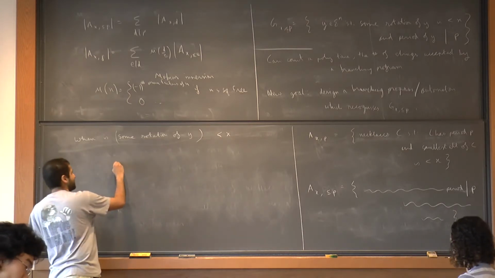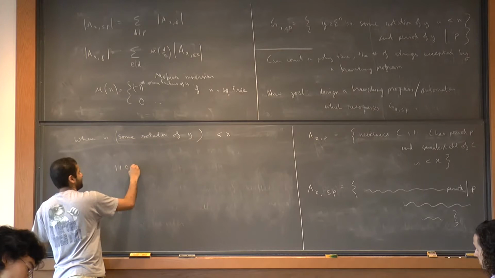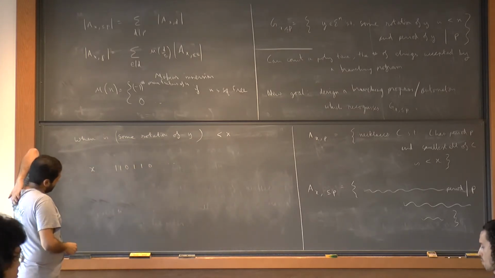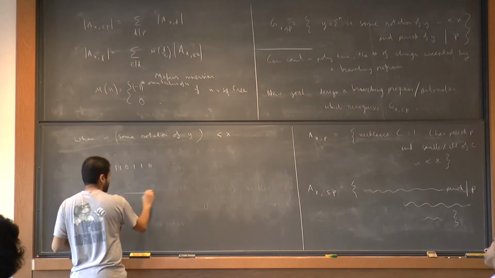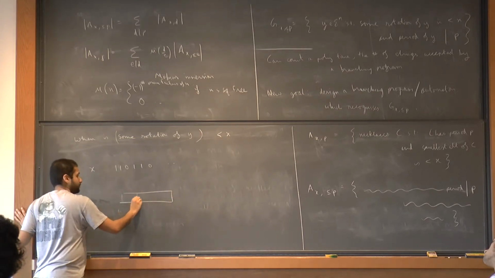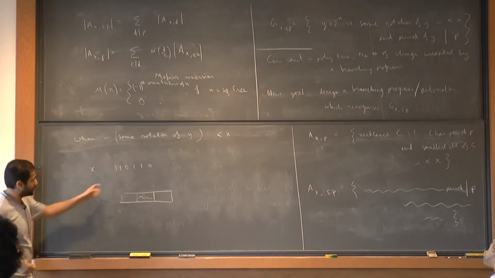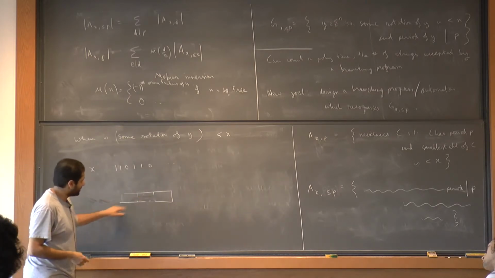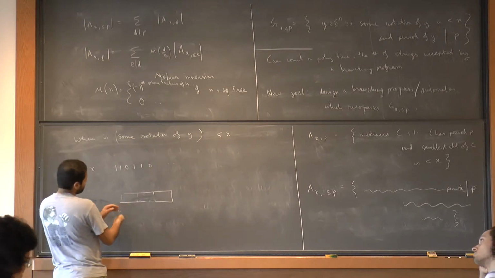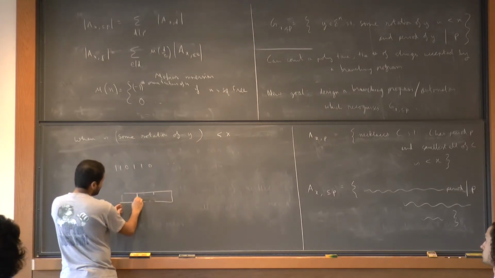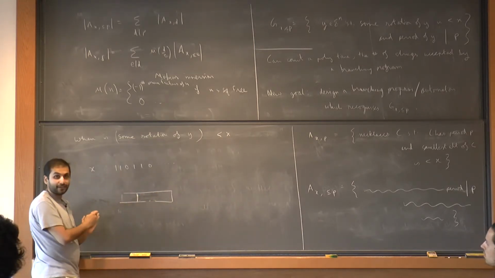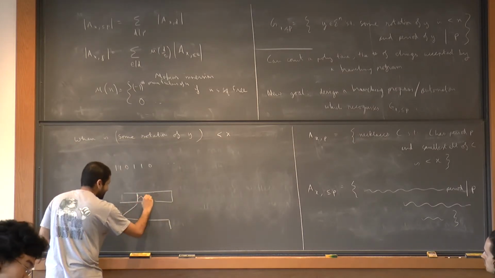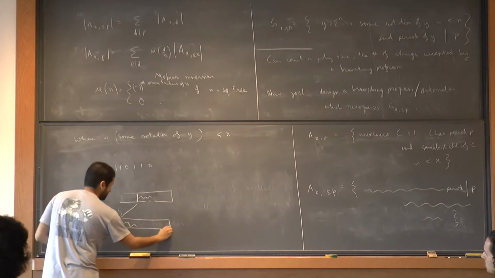Okay, so here's x, and there's some y here, and we're in lexicographic order, so the first bit matters the most. Some rotation of y will take a particular location and bring it to the front.